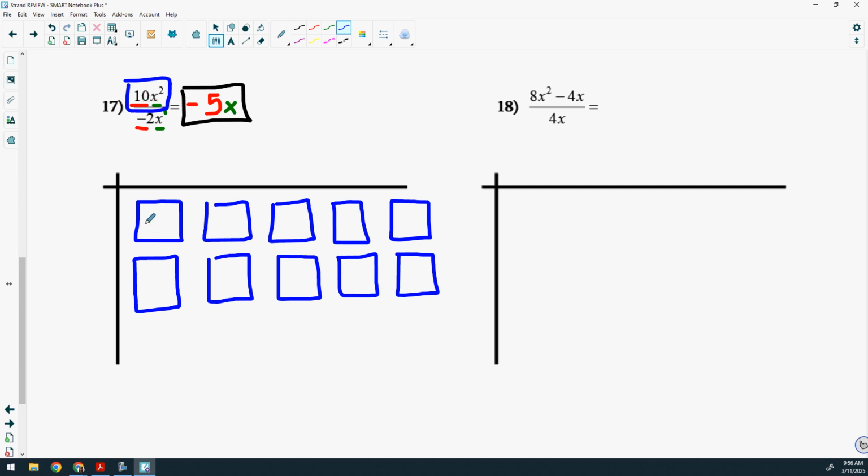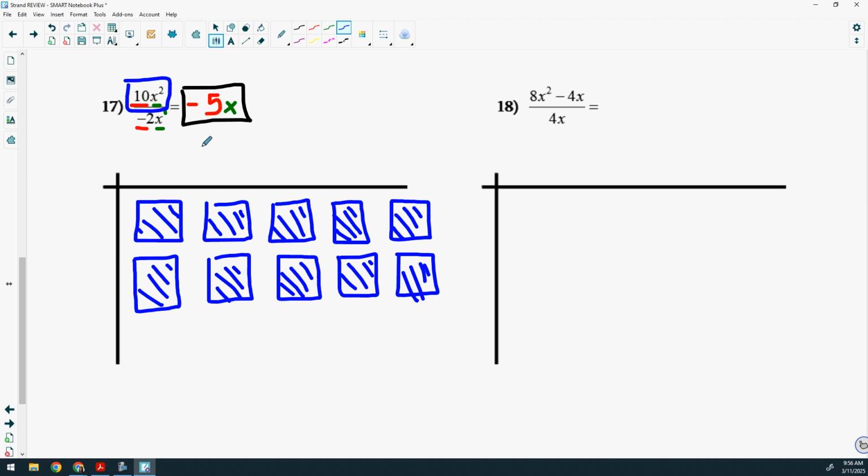These are currently negative, so I'm going to shade them in to make it positive 10x squared. Okay, so there, I have my 10x squared.